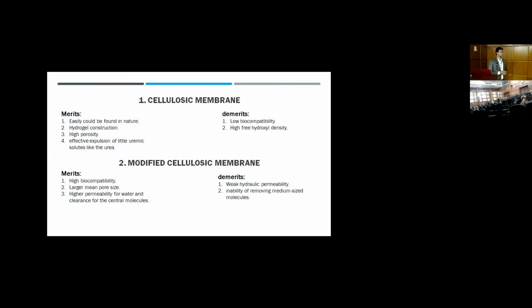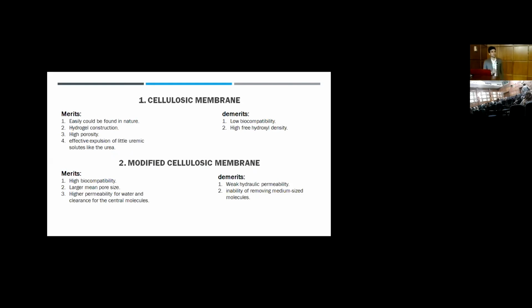And it was used for a long time, because owing to its hydrogen construction, it enabled the low wall thickness of the hemodialyzer to be combined with high porosity, and that enabled the high transport and effective expulsion of the blood impurities.